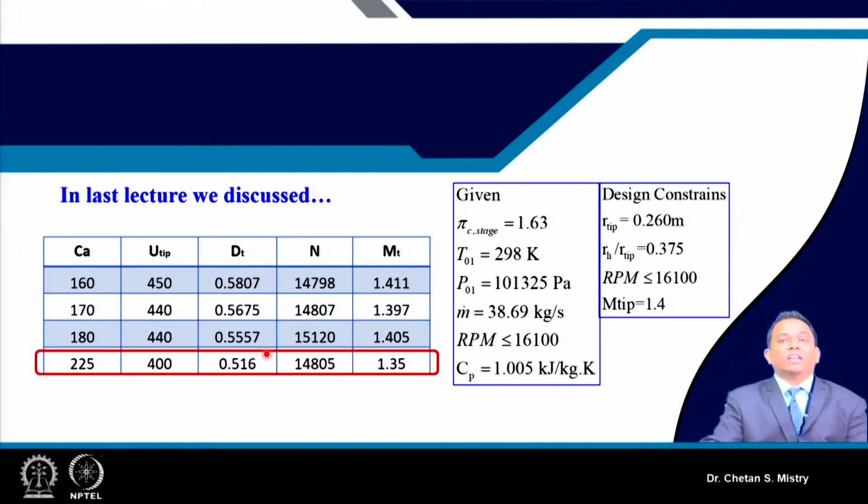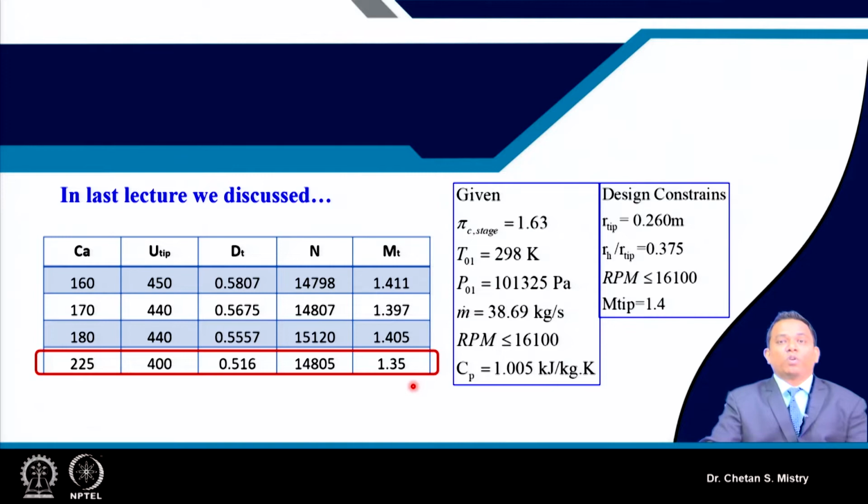That gives us a tip diameter of 0.516 meter. Our rotational speed will be 14,800 rpm, and our tip Mach number, which should be within the range of 1.4, is coming to 1.35.